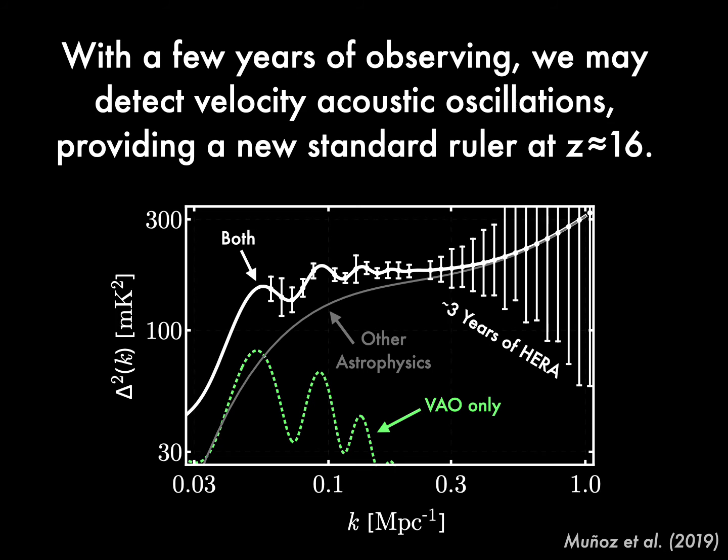Where those velocities are larger or smaller, you can delay star formation in a way that creates this pretty robust statistical signal, the velocity acoustic oscillations, which are really interesting at redshift 16 because now we're talking about a potential standard ruler at redshift 16, which is kind of the geometric mean between the CMB and supernovae, and should give a totally independent handle on the distance ladder at a redshift that we've never been able to do before, and so may say something about the Hubble tension, which I think would be really exciting.